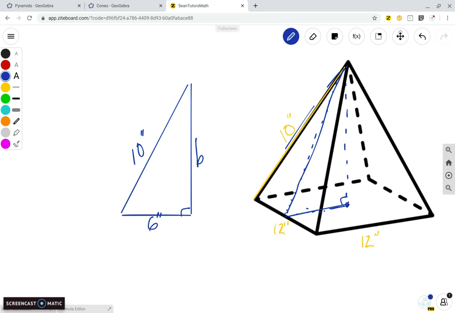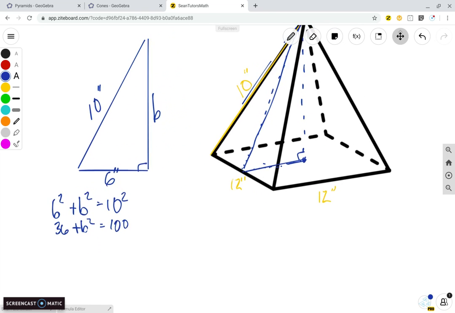Using Pythagorean theorem or recognizing that this is a Pythagorean triple, could also go that route, but let's use the Pythagorean theorem. We'd have 6 squared plus b squared equals 10 squared. So a squared plus b squared equals c squared. All right, so 6 squared is 36 plus b squared equals 10 squared is 100. Give ourselves a little room here.